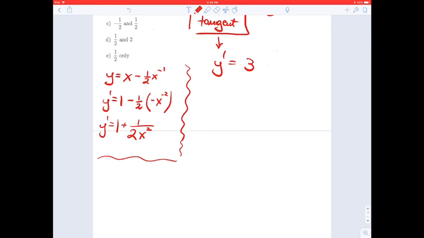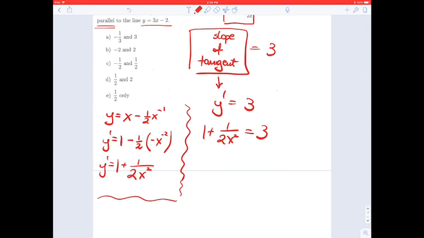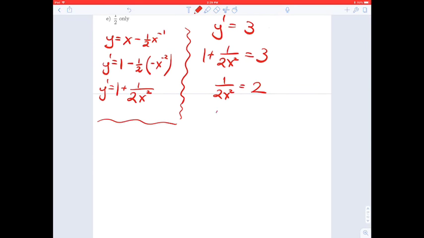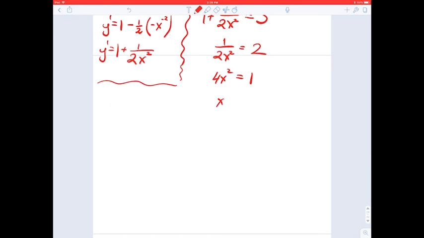Let's substitute. Derivative is 1 plus 1 over 2x squared equals 3, because the derivative is the slope of the tangent and must be 3. Let's subtract 1 from both sides, and let's cross multiply, and let's divide by 4, and let's take a square root of both sides.